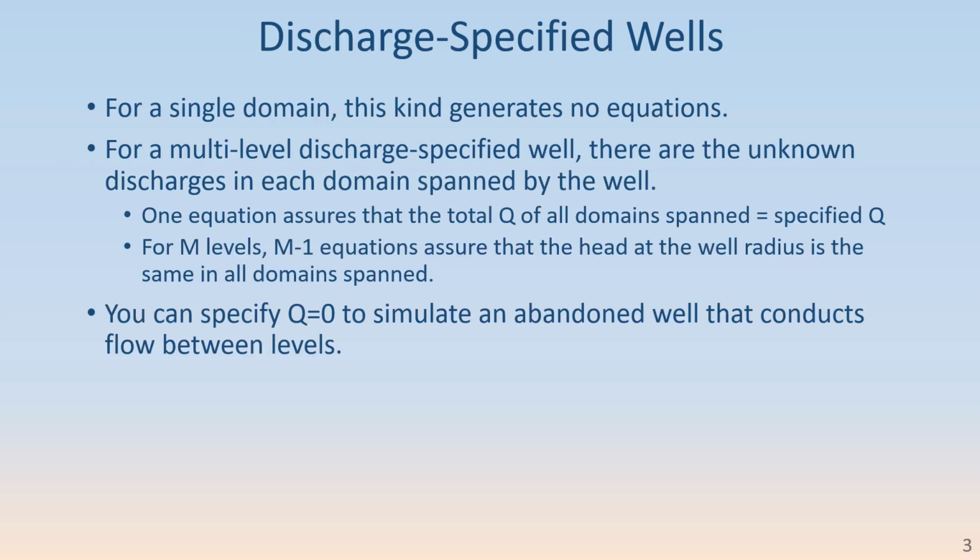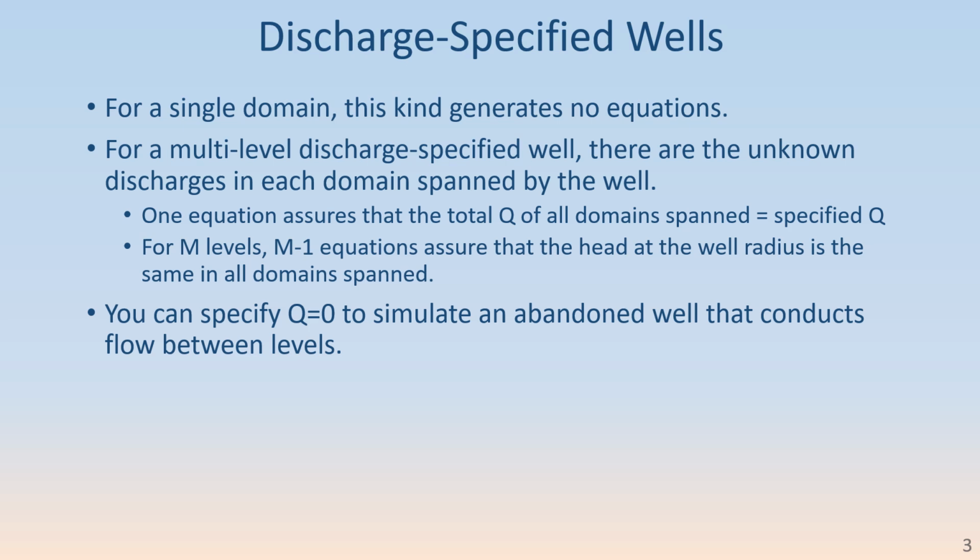If you have a discharge specified well in a single domain, there are no equations generated because you know the unknown strength, which is the discharge of the well. When you have a multi-level discharge specified well, there are some equations being generated. Let's say your well screen spans 3 domains vertically.